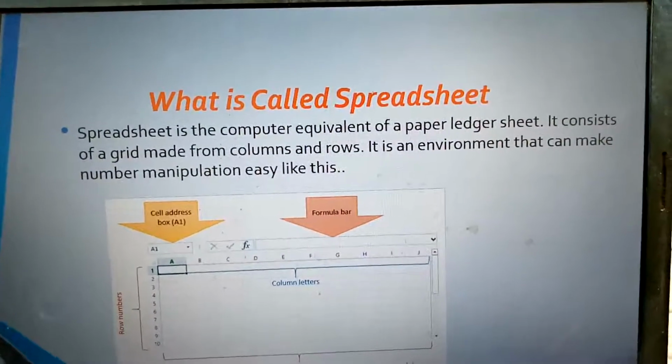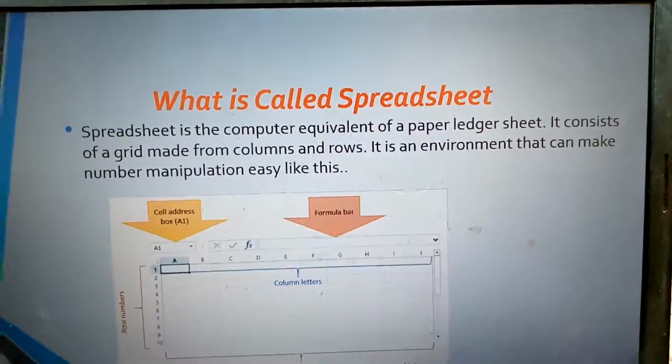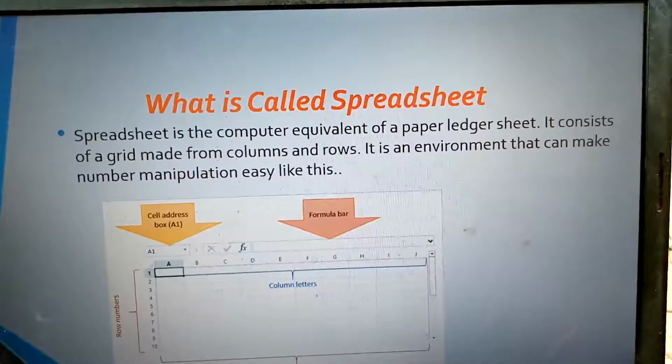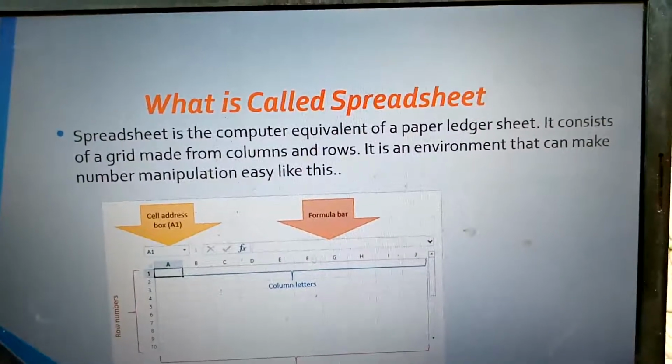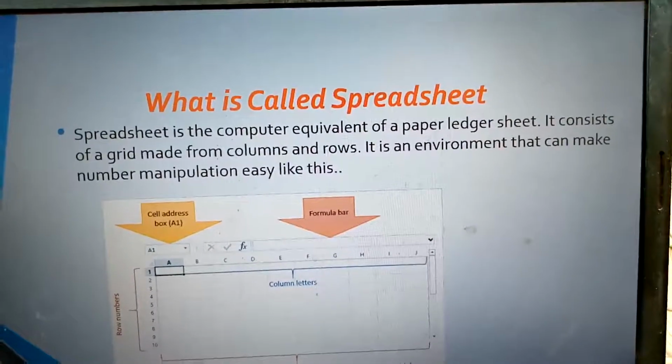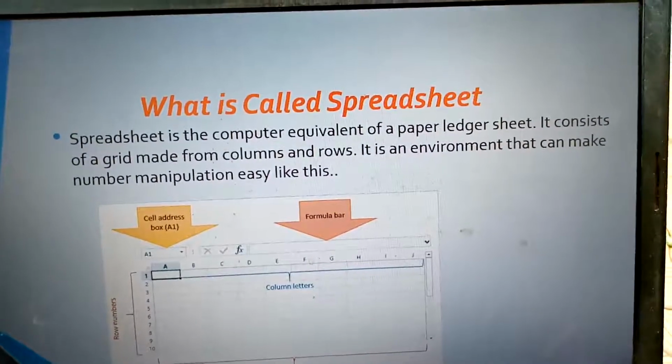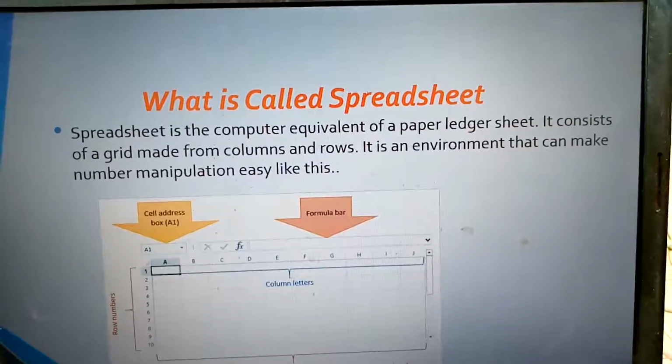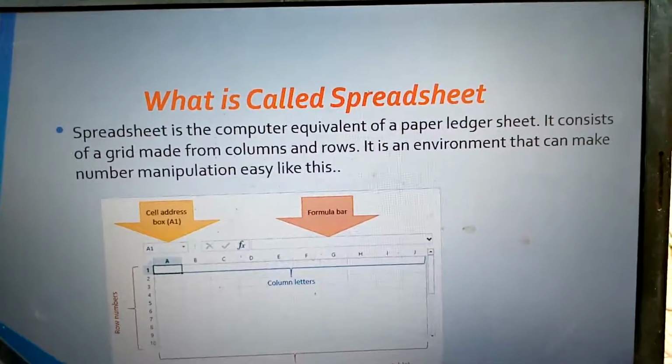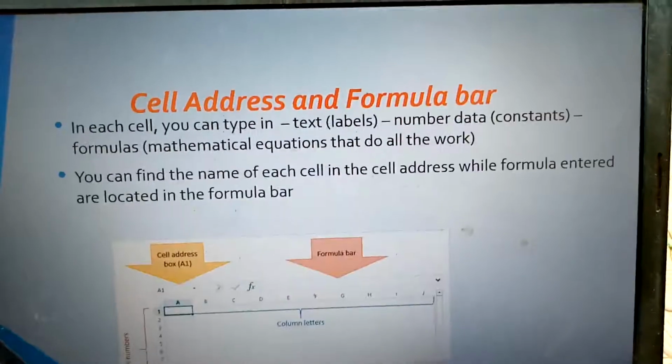In the cell address you have there on your screen, you can see A1, showing that we are in column 1, row 1. Columns are always denoted in letters, while rows are denoted in numbers.